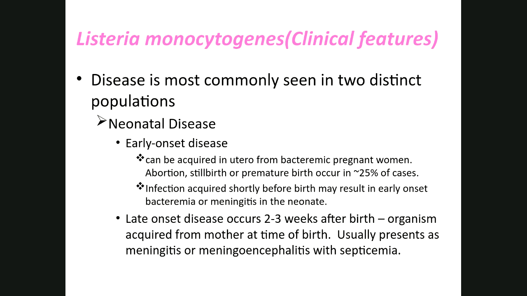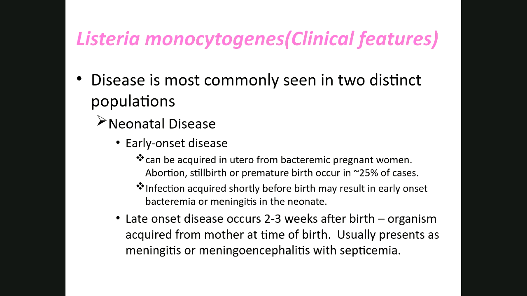It can cause any of these things depending upon the age when it has caused the infection. You don't need to go into the details. All you have to remember is that the early onset, this you will be taught later on in diseases of gynecology and all that.